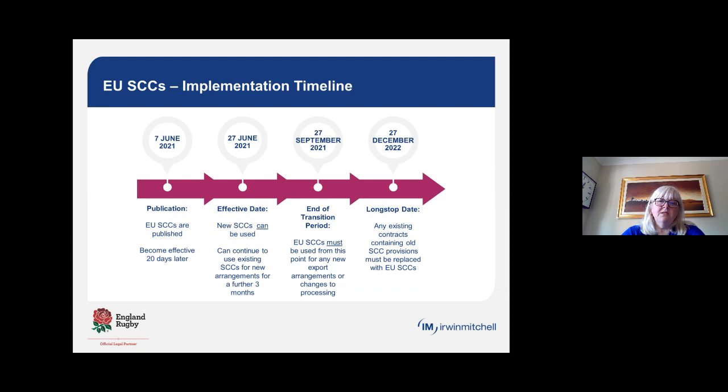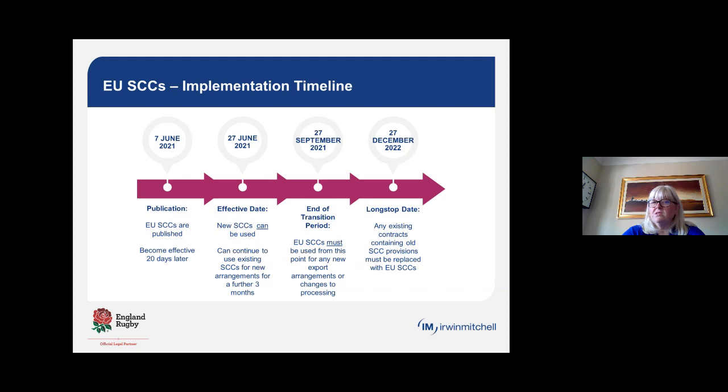Now, at the 27th of September, you've got to use the new SCCs for any new arrangements, or if you are changing the way in which the export is happening or the processing that is subject to the export. And then you've essentially got a long stop date of the 27th of December 2022.